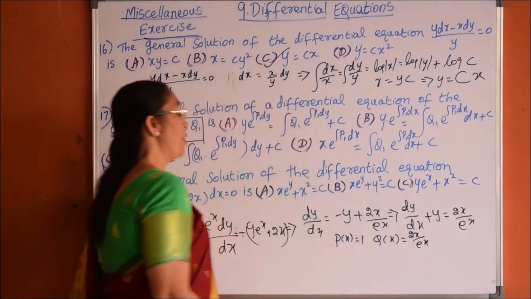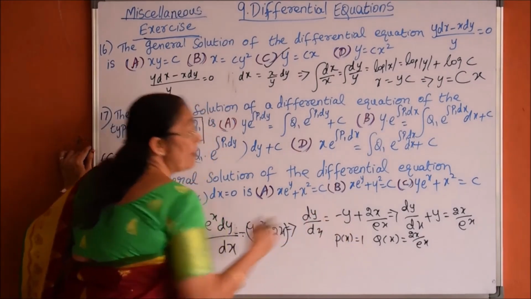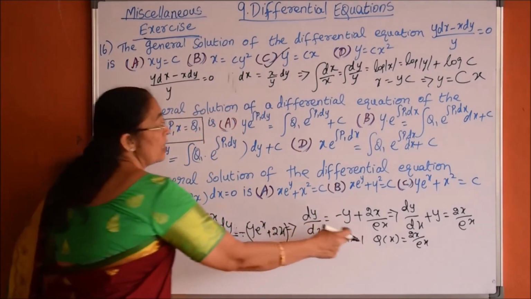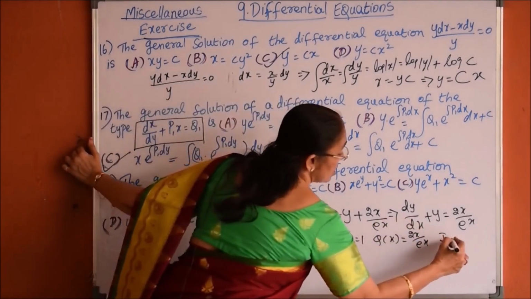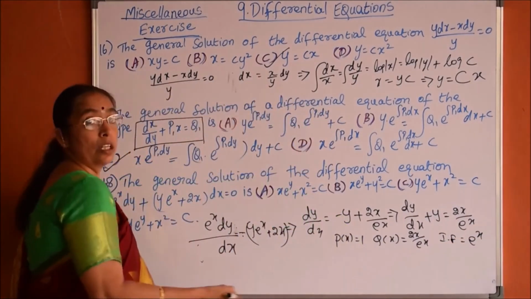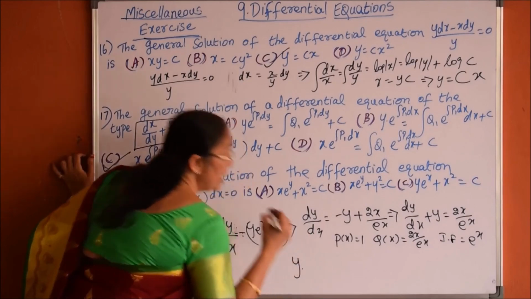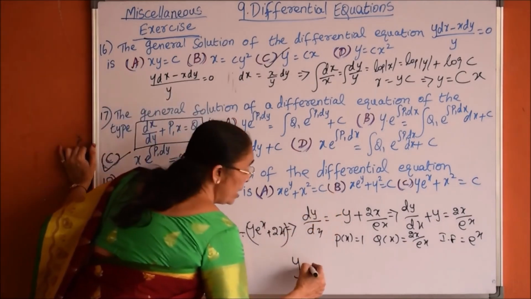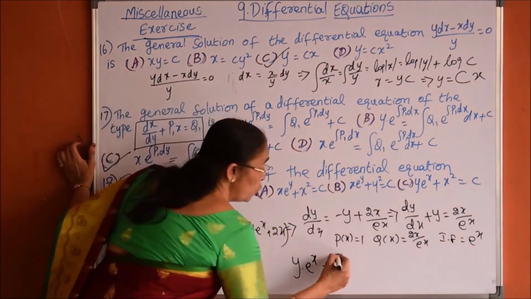So first we have to find out the integrating factor. Integrating factor is nothing but e power integration of p dx. Here p is 1, so integrating factor is e power integration of 1 dx, which is e power x. Now the solution: y into integrating factor, y e power x, is equal to integration of q of x into integrating factor dx.